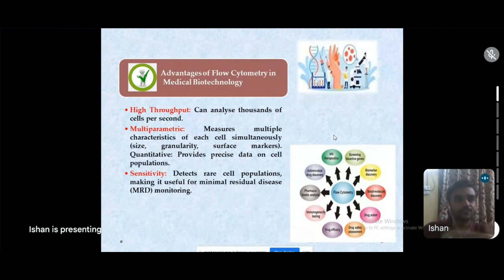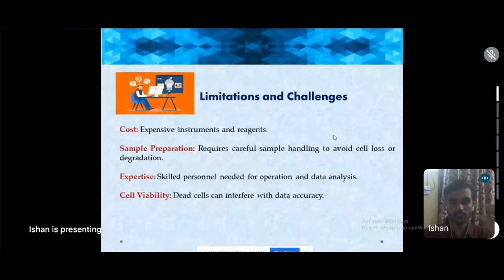That is why I said that if one has to ask me my personal choice, I would say that in a medical biotechnology lab or in a diagnostic lab, there should be one flow cytometer and one real-time PCR that can aid you in hundreds or 200 tests. You don't need to have 10 or 20 kinds of instruments. These two can make you do numerous kinds of analysis if used efficiently.